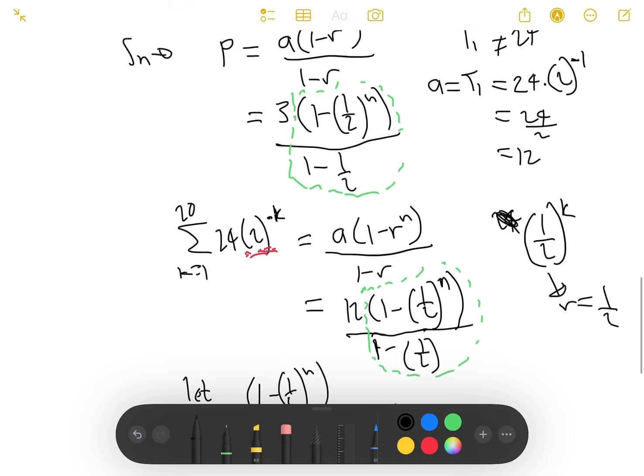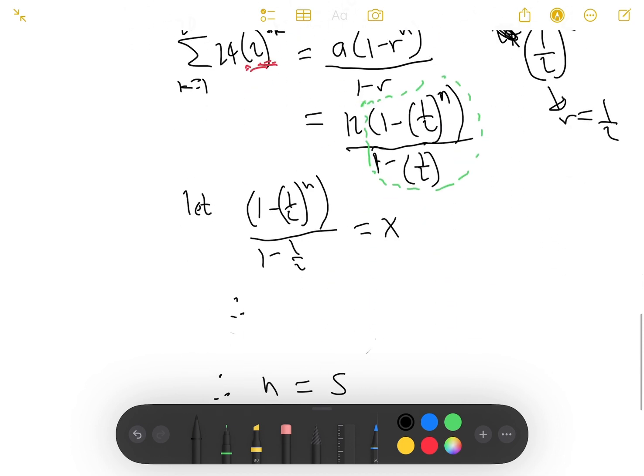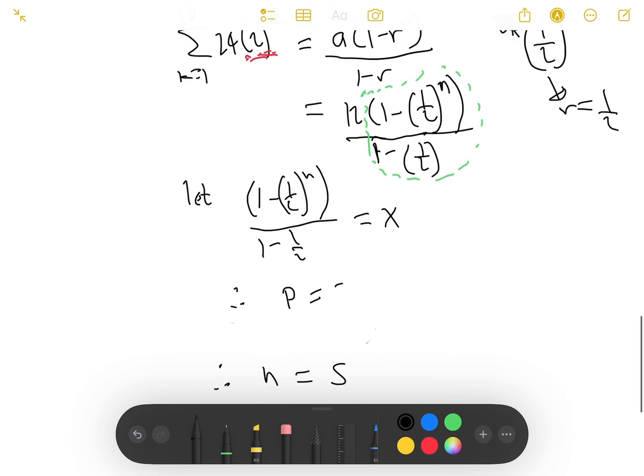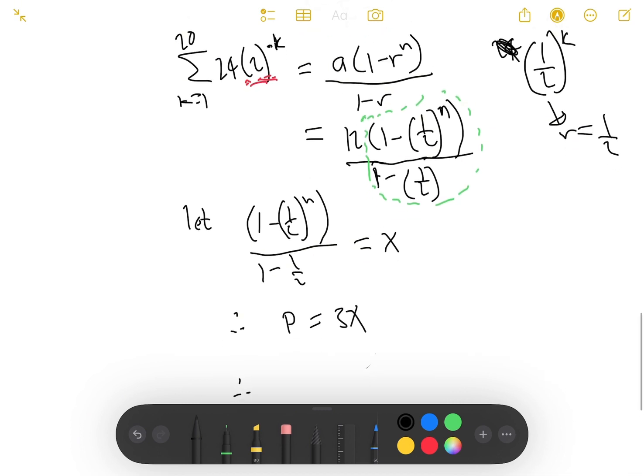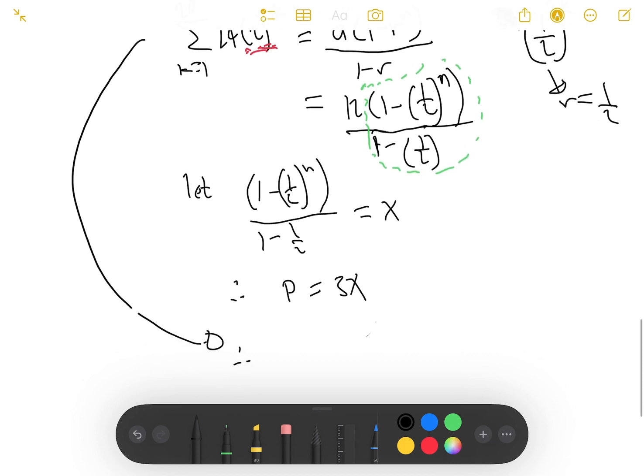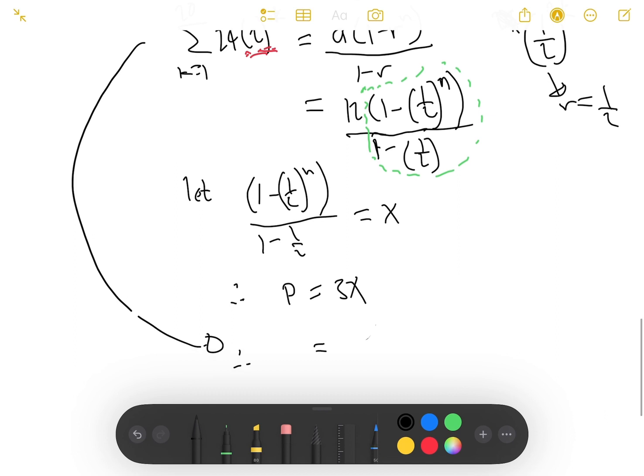So therefore at the top there, p will be equals to 3x, for example. And then we'll say therefore the sum here, I won't write it in full, let's call it y.